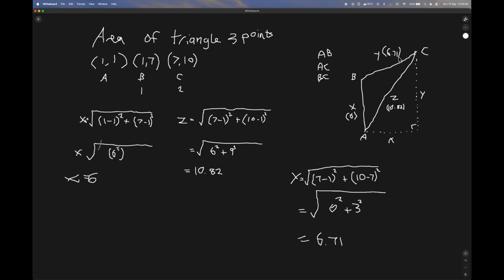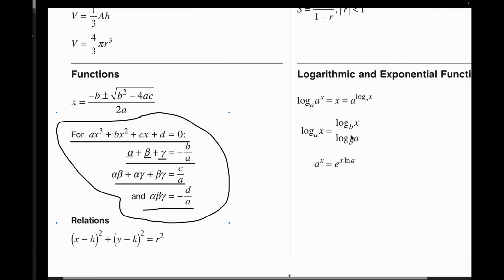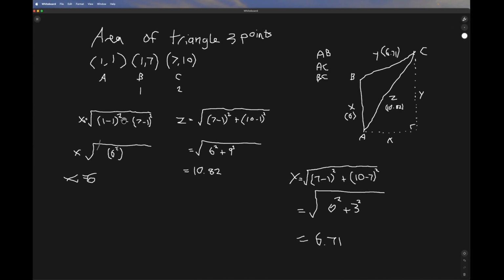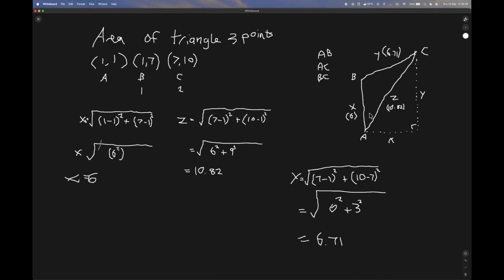Now, to find the area of a non-right angled triangle, we are going to use this formula here. Area equals half ab sine C. So, we're going to need to find one of these interior angles.